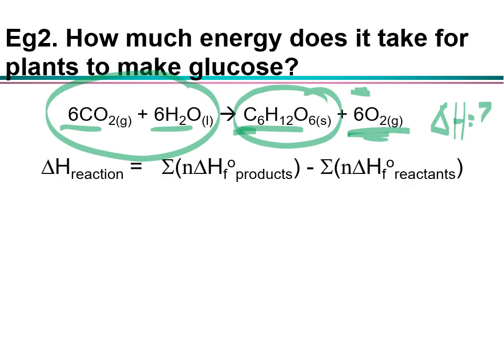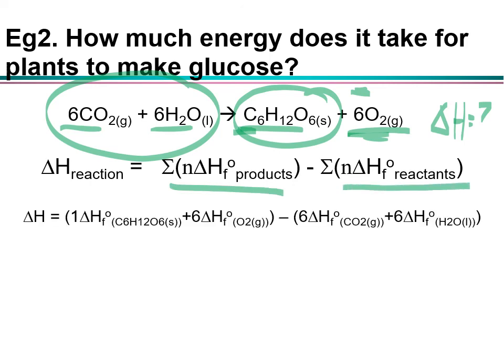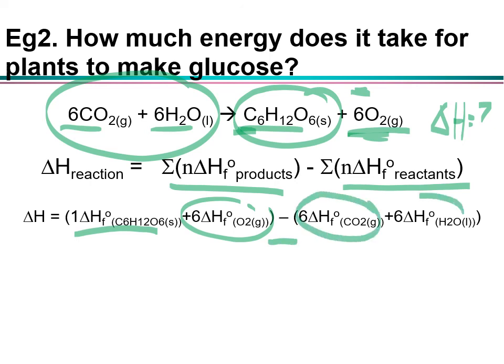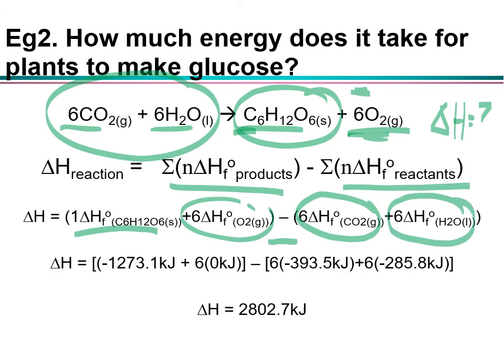So there's our summation of heats of formation equation, and again, products minus reactants. Find the heat of formation of glucose, and you can add in 6 times 0, and you're going to subtract from that 6 times the heat of formation for carbon dioxide and 6 times the heat of formation for water, and you end up with an enthalpy value of positive 2,802.7 kilojoules.